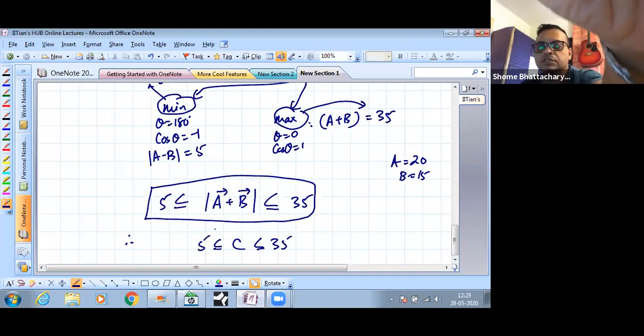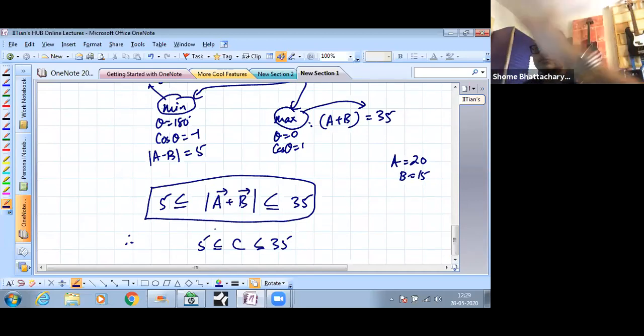Based on this, now we can see which of the options are correct and which are wrong.